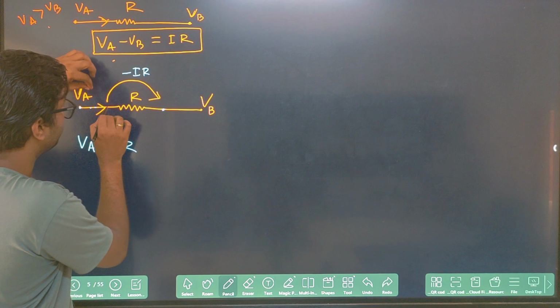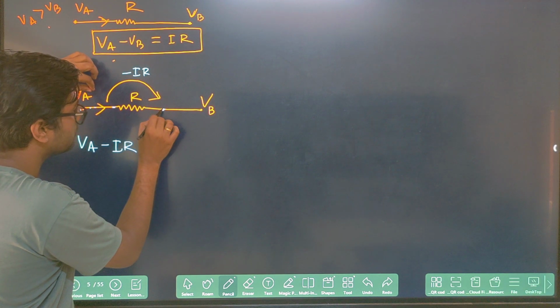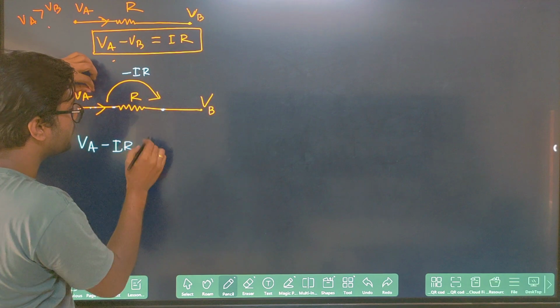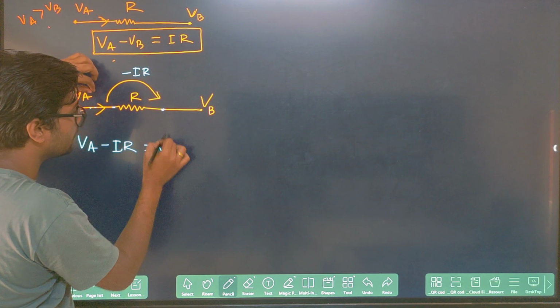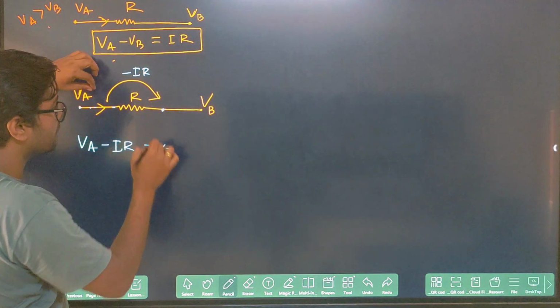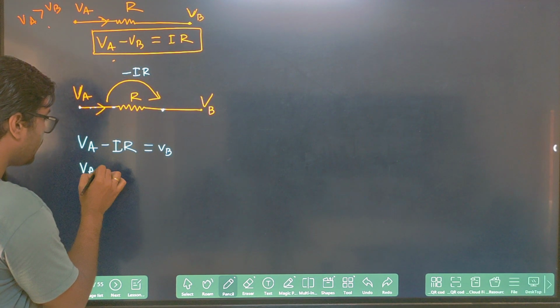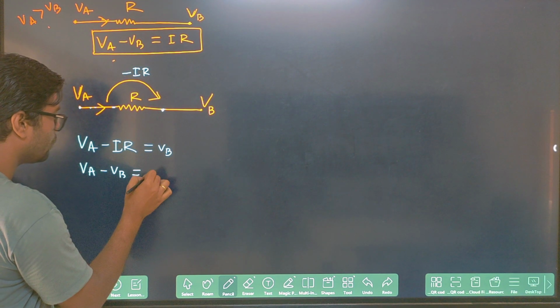This is VA, and when you jump through the resistor, this will be VA minus IR. Now this potential VB equals VA minus IR, because here the potential is VB and here the potential is also VA minus IR. So I can write VA minus VB equals IR.